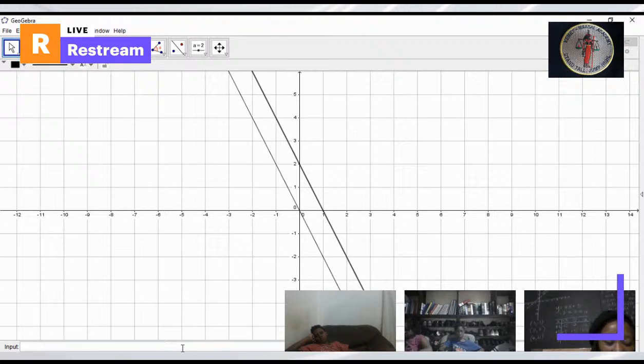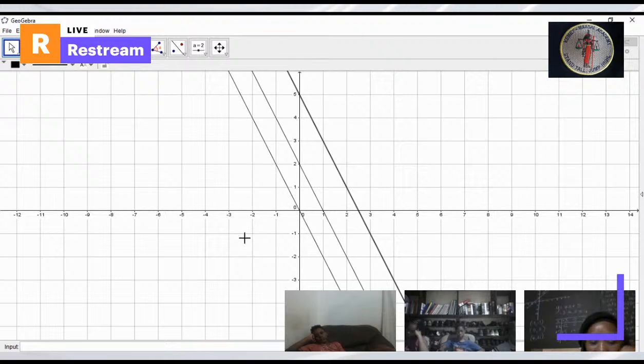And you can guess what's going to happen. y equals negative 2x plus 5. Likewise, same gradient, same orientation, but we've taken the original line and shifted it 5 places up the y-axis.